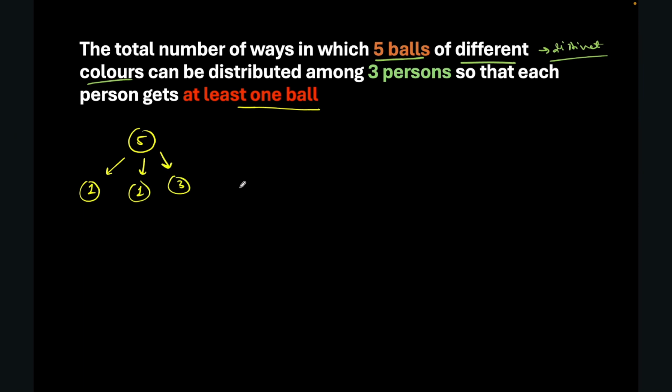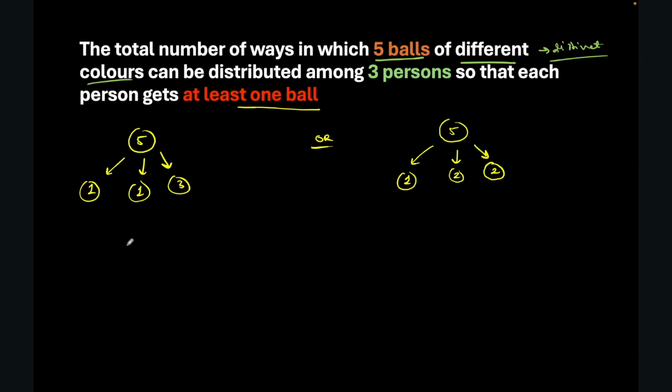That's one possibility. Another possibility is, instead of having 3, I take 2 and 2, so I have 1, 2, and 2. That's basically it. I don't think there are any more possibilities.